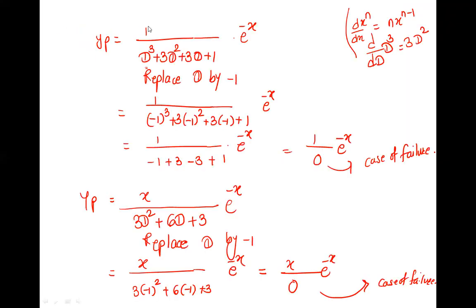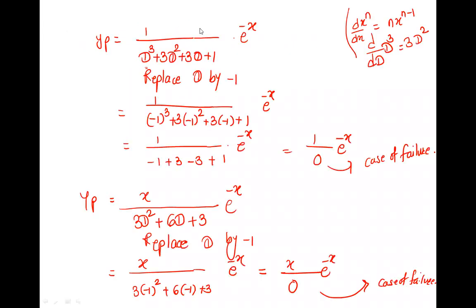So therefore yp is, already 1 x is there, so it will now be x square. And can you please tell me the derivative? 6D plus 6. Yes, very good. So it is x square upon 6D plus 6 into e raised to minus x, isn't it?